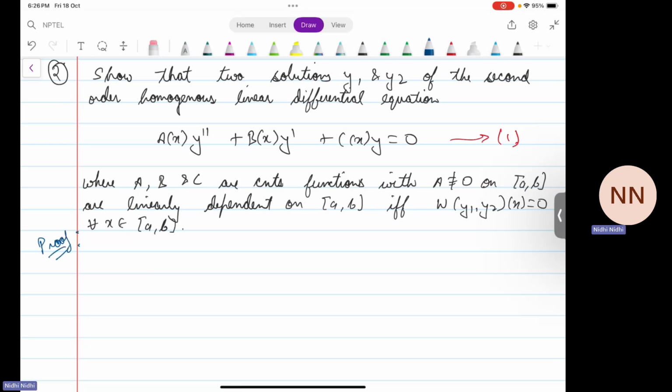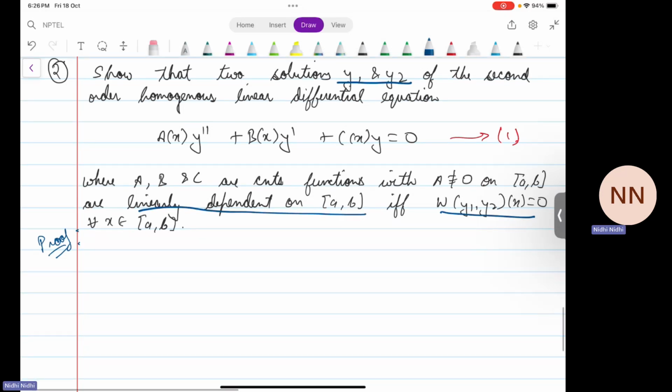So we need to prove that if y1 and y2 are two linearly dependent solutions, then the Wronskian is 0. Conversely, if the Wronskian of any two solutions is 0, then these solutions must be linearly dependent.